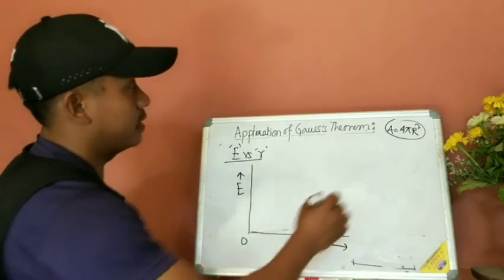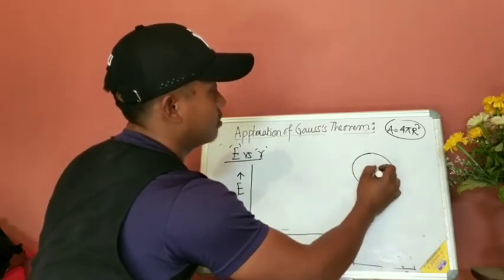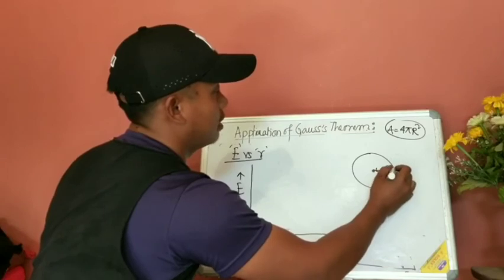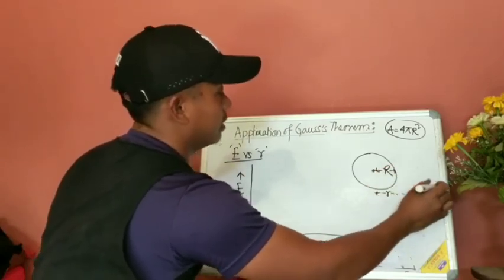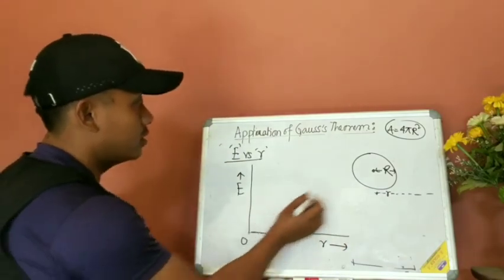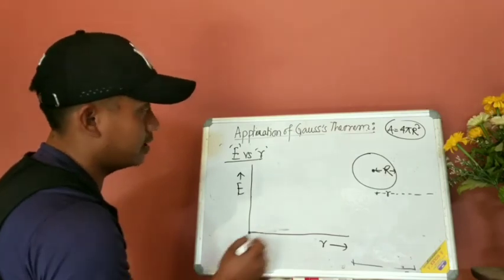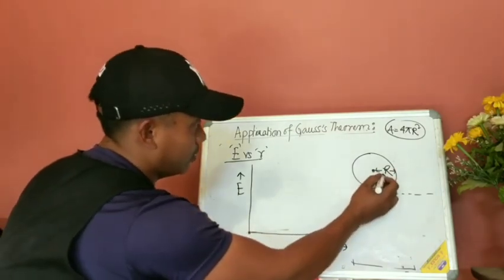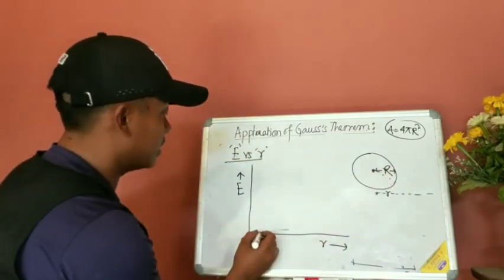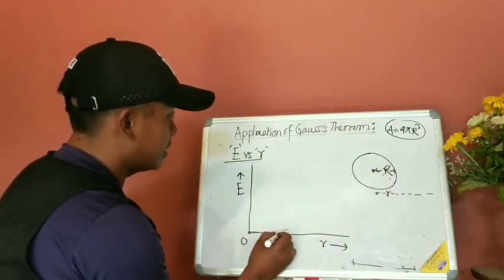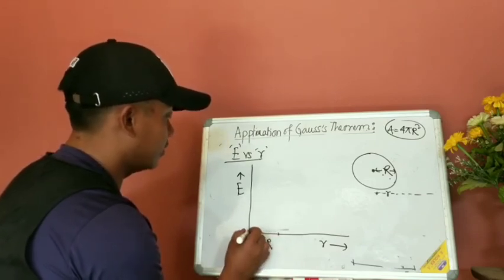Let us imagine the sphere to be here and the radius of the sphere is capital R, then the distance of measurement, this R, will go on increasing. When R is 0, the point P will be inside, electric field will be 0. Even when the point P is somewhere here, electric field will be 0. So when small r is less than R, electric field will always be 0.